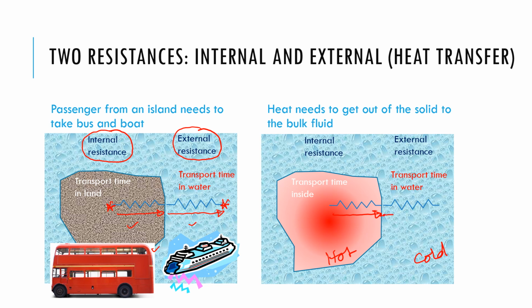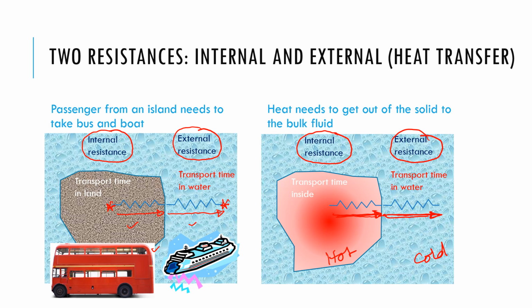It also has to go to the bulk fluid. So again, there is a transport time inside for heat, and there is a transport time in the fluid in an almost exactly analogous way. So we can think of there being an internal resistance to heat transfer that depends on what the solid is like, and an external resistance to heat transfer.